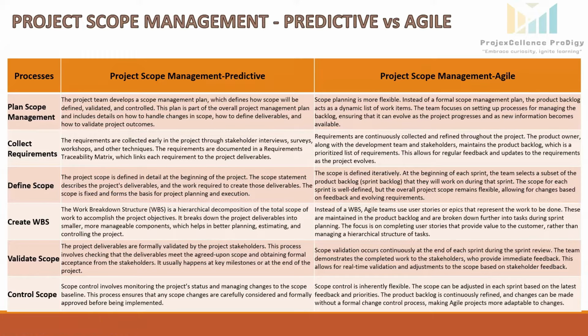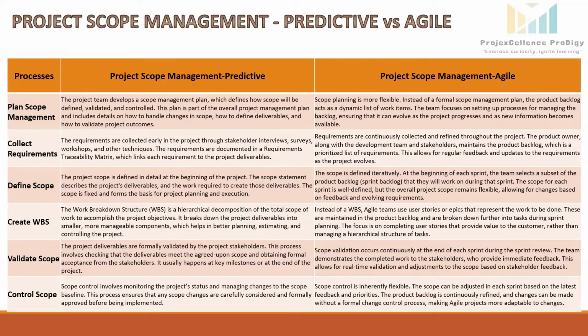In predictive project, the team will create a detailed plan for how the project scope will be defined, approved, and controlled. This plan is part of the overall project management plan and outlines how to handle changes and ensure the project meets its goals.